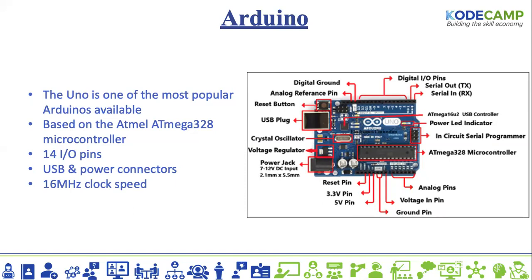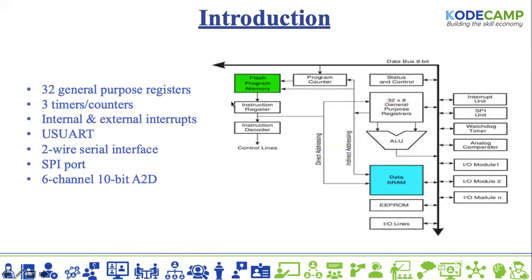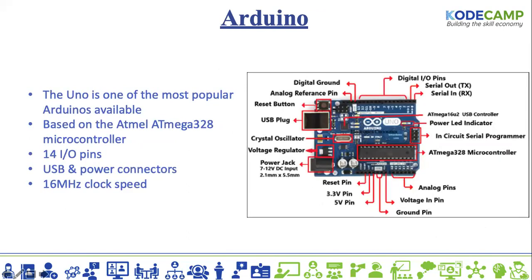Now this very one is based on the Atmel 328 microcontroller. It has 14 GPIO pins. From here to here, and also this other one, these pins can be used for input and also for output.